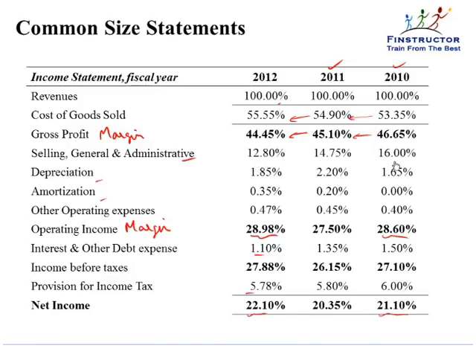So selling, general and administrative costs, as we see in this example, has come down significantly, which is what has resulted in good margins sustaining over the years. Like with every ratio, as we'll see, we have to compare these margins with the industry level and with other companies before we can make any general judgment about the company or about the margins.